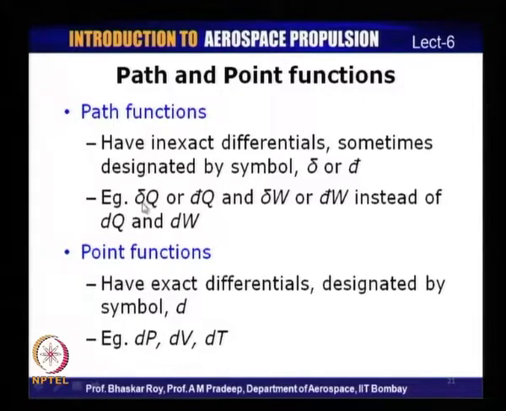Examples are delta q or d cross q, or in the case of work, delta w or d cross w, instead of dq and dw. You might also come across textbooks where they are referred to as just dq and dw, but it is implicit that these are path functions.